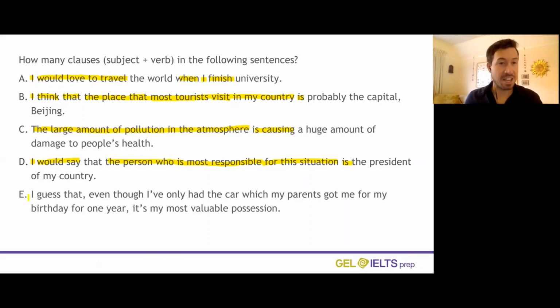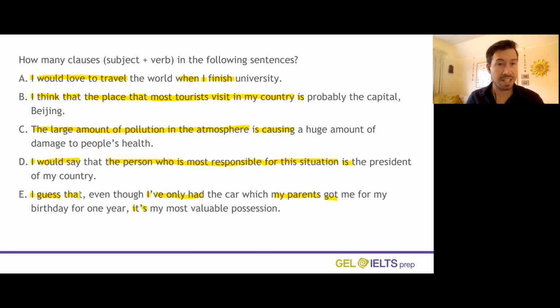Now let's look at E. Well, we've got I as subject, guess is the verb. We've got I as another subject, have only had is the verb there. That's 2 clauses. Then we've got my parents is a subject and got is a verb. And then we've got it is a subject and is a verb. So we've got 4 subjects, 4 verbs. So we've got 4 clauses and we've got 3 linking words.